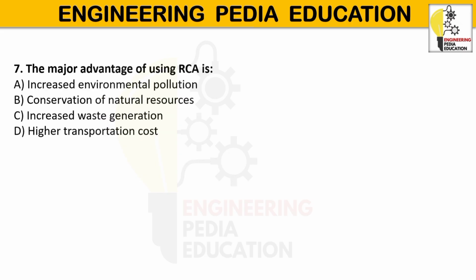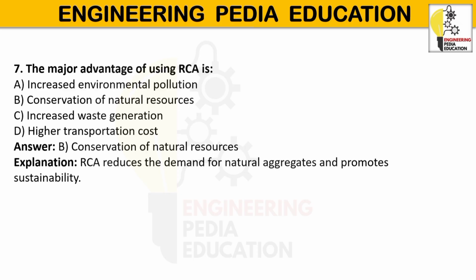A major advantage of using RCA is: increased environmental pollution, conservation of natural resources, increased waste generation, higher transportation costs. So the correct answer is conservation of natural resources. RCA reduces the demand for natural aggregate and promotes sustainability.